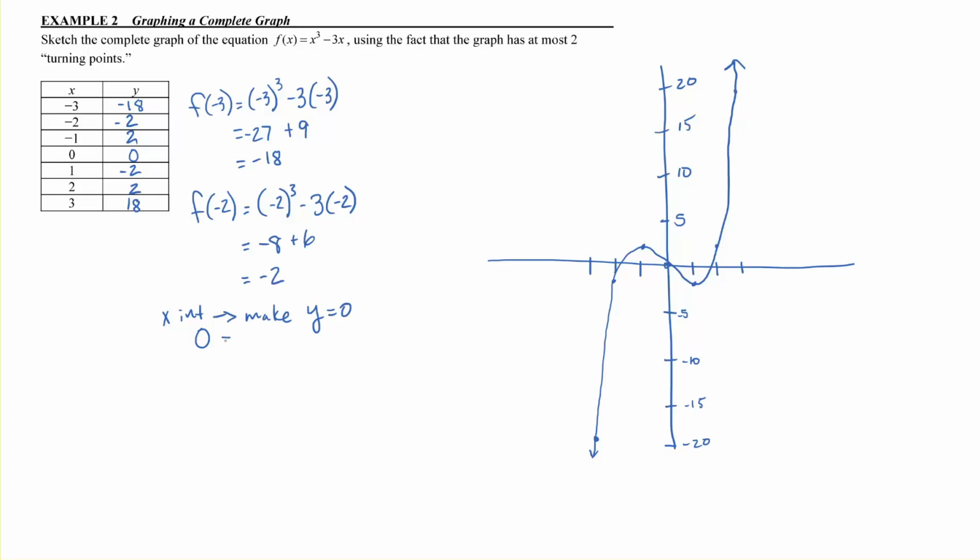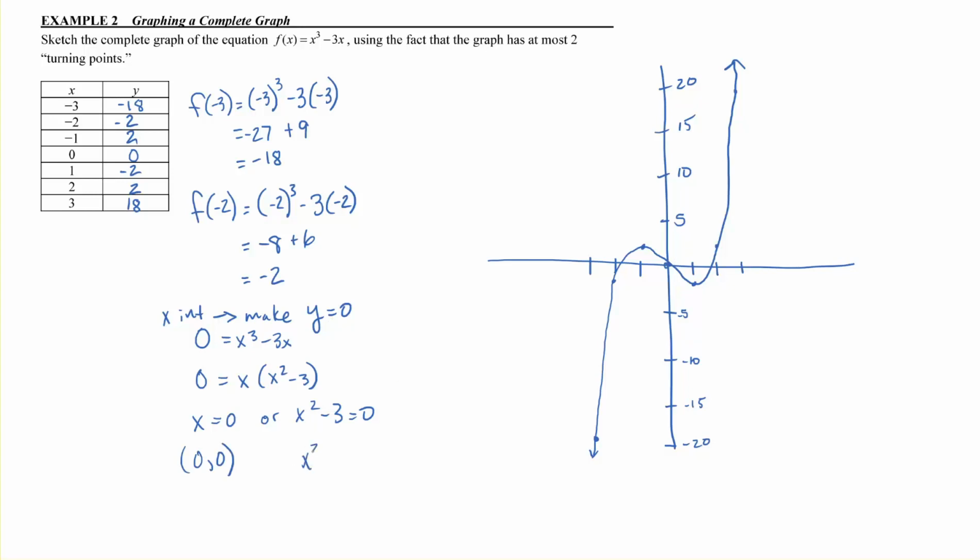So 0 equals x cubed minus 3x. And we get an x and an x squared minus 3. So x equals 0, or x squared minus 3 equals 0. We've already got this one, so x is 0 when y is 0. We get the point 0, 0 from that, and that one's the one that we graphed.